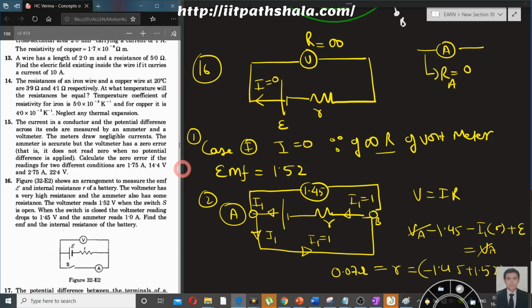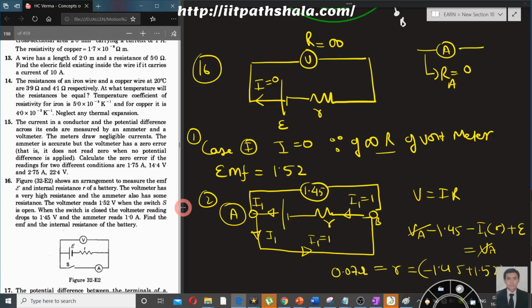And when this switch is closed, your voltmeter is showing a reading of 1.45 and the ammeter is showing a reading of 1 ampere. Now you have to find the EMF.